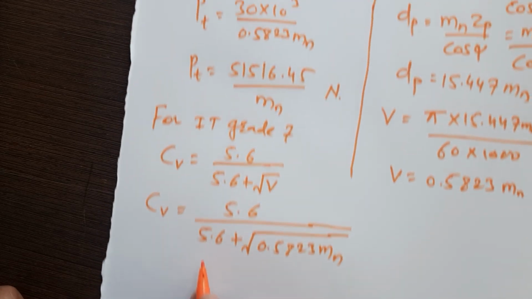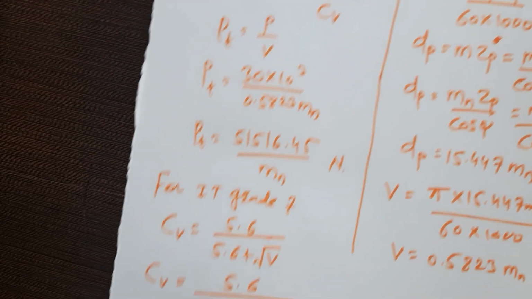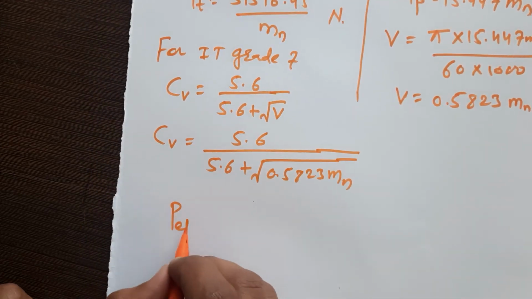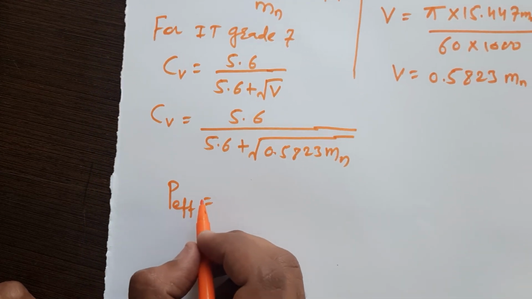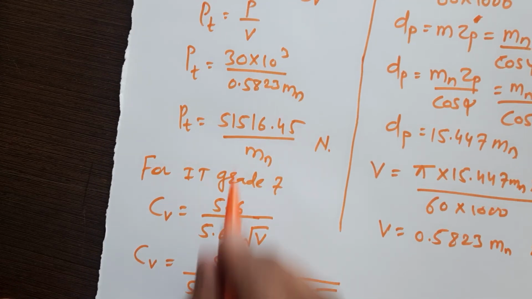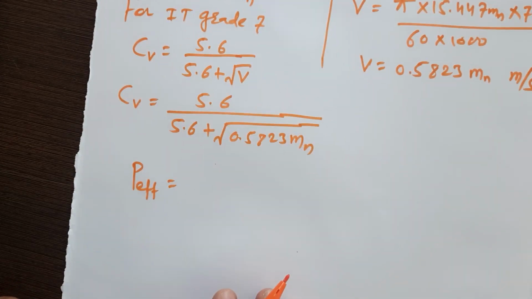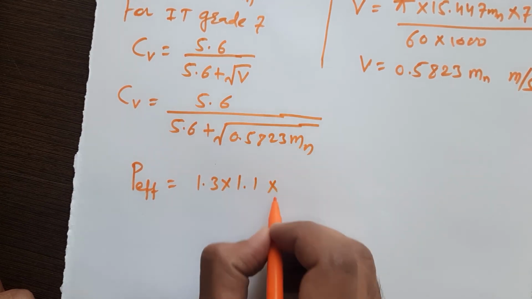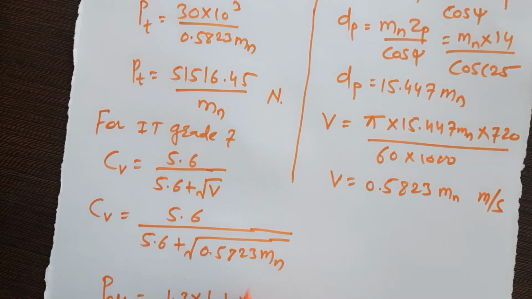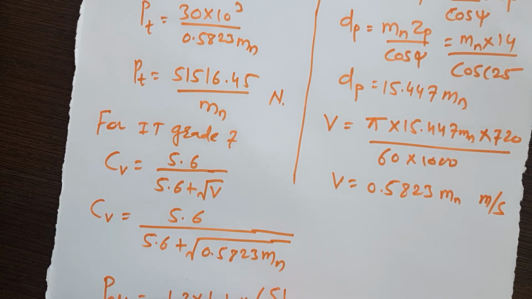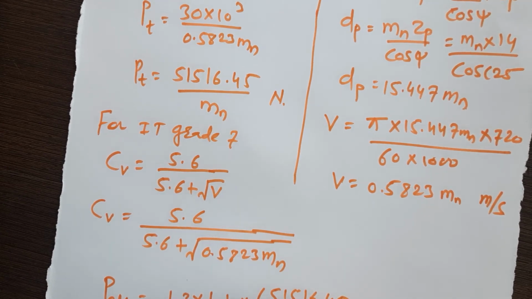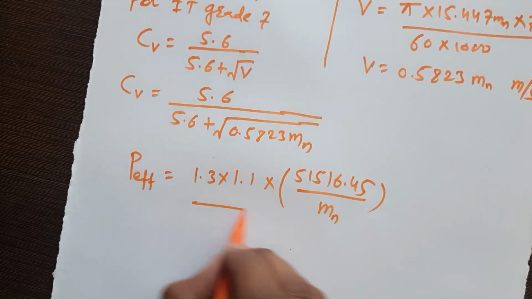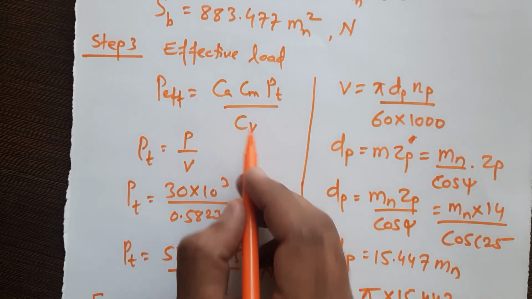Now if you substitute all these values in the formula of P effective, your P effective is equal to CA, CM, PT. Here CA is given as 1.3, CM is 1.1, into PT which we have calculated in terms of module, 51516.45 divided by normal module, divided by CV.